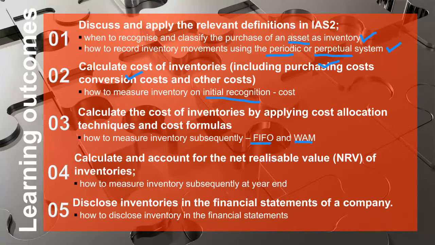Now, this is critically important that you write this down somewhere, right? We're not doing FIFO, WAM, and specific identification in depth. So therefore, it is very, very, very important that you go back to your last year's notes and look at these topics, right? We're just gonna breeze over it because I'm assuming that you know this already.